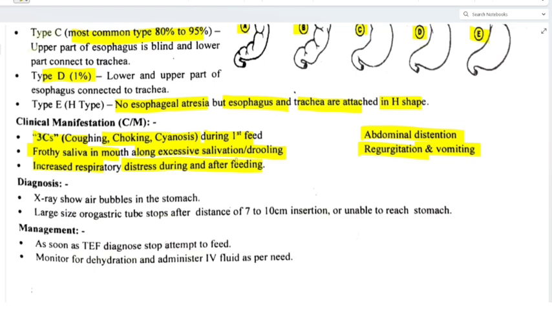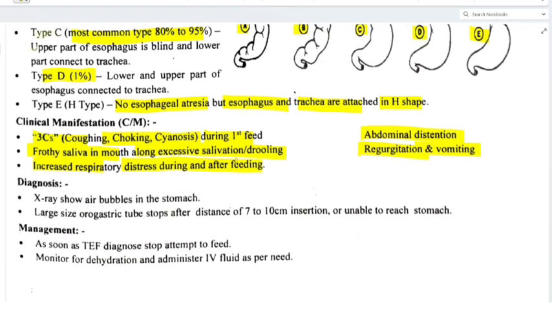In clear language, whenever you try to feed the baby for the first time, all 3 symptoms will be present. The baby will cough, may have choking symptoms and cyanosis as well. Then abdominal distension will be present, then frothy saliva in the mouth with excessive salivation or drooling.